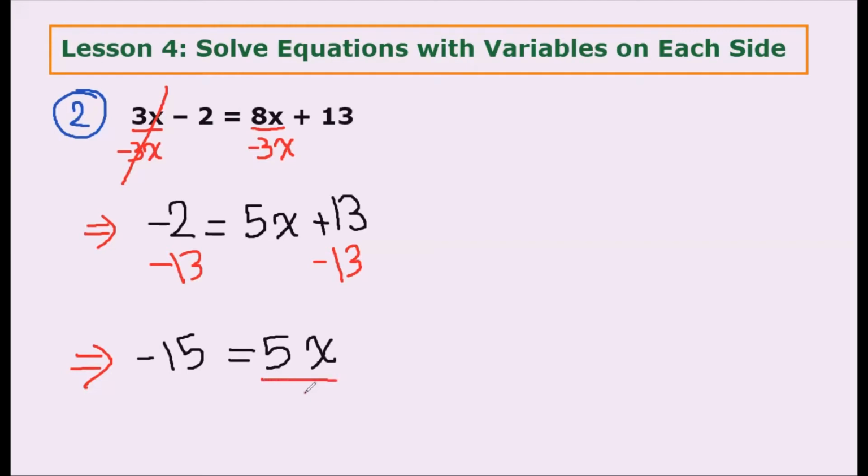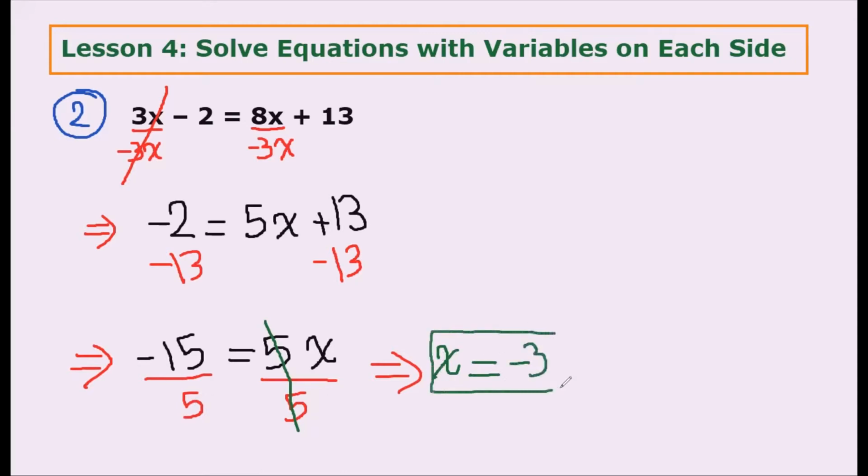We divide both parts of this equation by 5. So the final answer will be 5 divided by 5, only x. We can write x is equal to how much? Negative 15 over 5 is negative 3. So x is equal to negative 3.